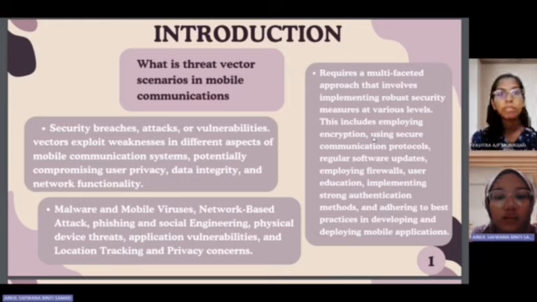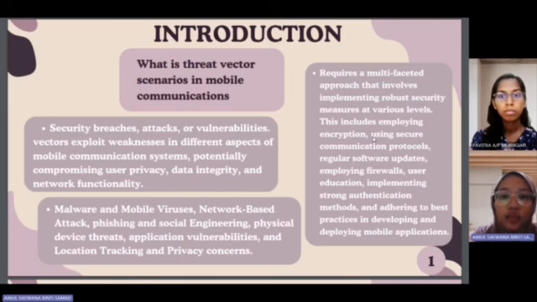As the mobile communication landscape continues to evolve, addressing these threat vectors is crucial to ensuring the security and privacy of user data, maintaining trust in mobile technology, and safeguarding against potential cyber threats.